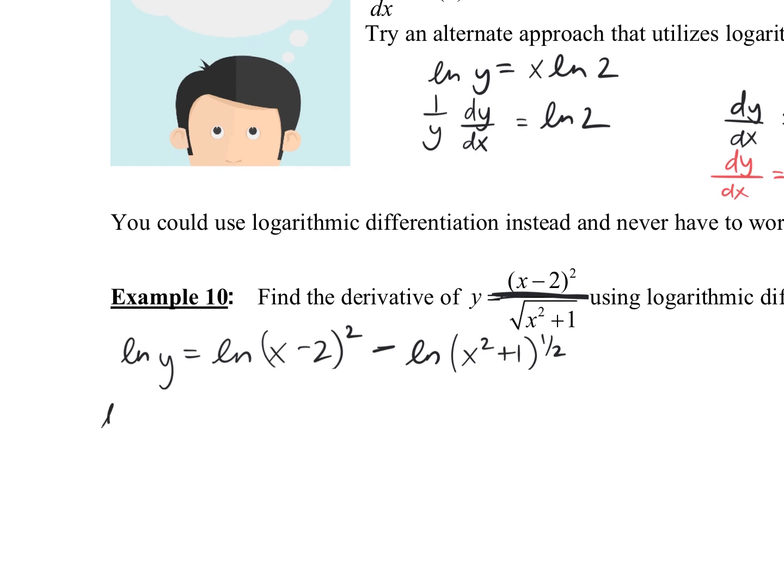Okay, I'm going to rewrite them so that those powers are down in front. So this becomes 2 natural log of x minus 2, and this becomes 1/2 natural log of x squared plus 1.